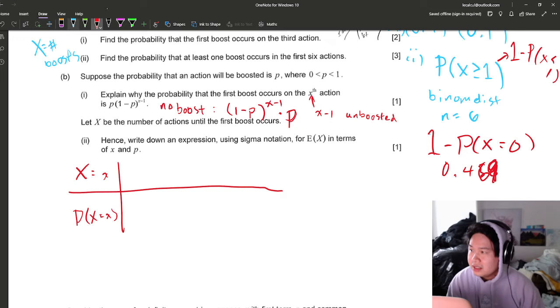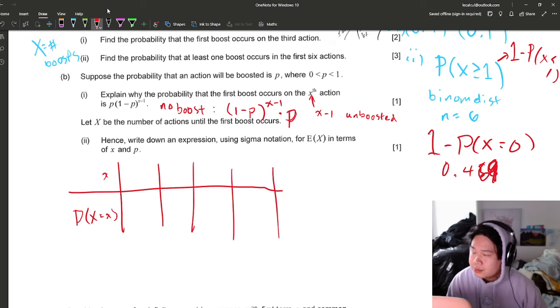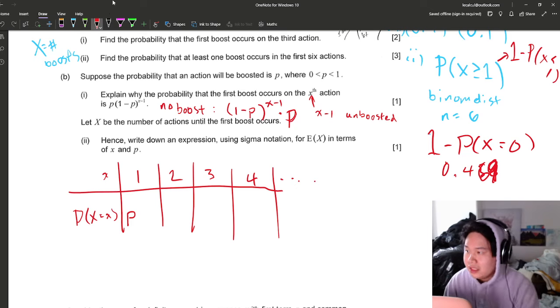And it looks something like this. So X represents the number of actions, right? So you can have 1 action, 2 actions, 3 actions, 4 actions, and so on. And then the probability that you get boosted in the first action is, we're gonna use this here.